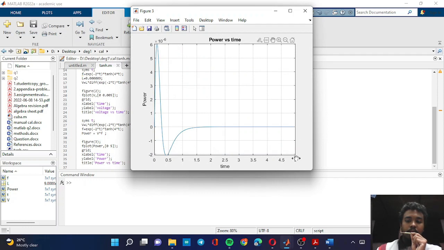At time 5 the maximum power is 6 times 10 to the negative 6.